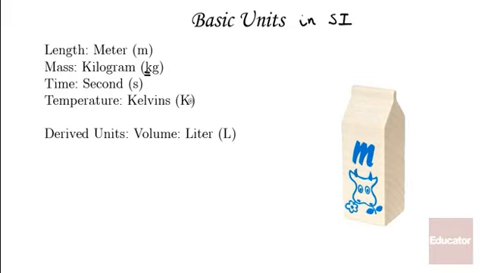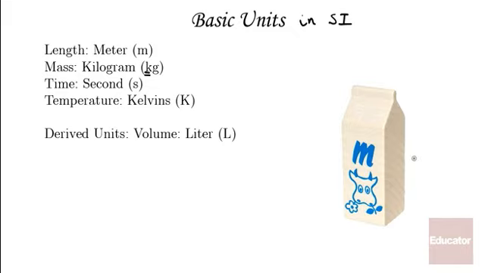And let's look at one or two derived units. A familiar one is the liter. If you look carefully at your average milk carton, you'll see that its volume will be described not only in fluid ounces and quarts or pints, which is the American system, but also in terms of liters.